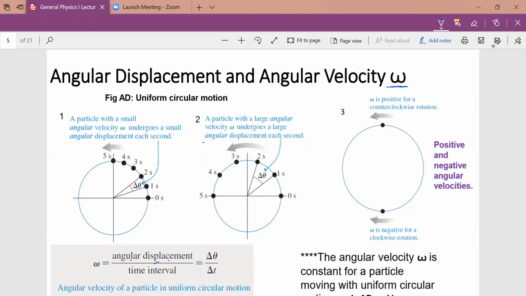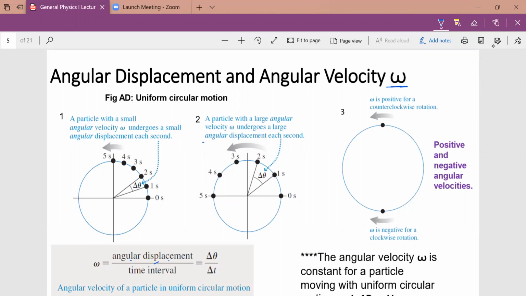We're just going to borrow the same concept, but in this case, we're always talking in terms of the angle, because we use the angle to describe the position of the particle per time. That's why the name angular is always attached to the quantity that we're describing.